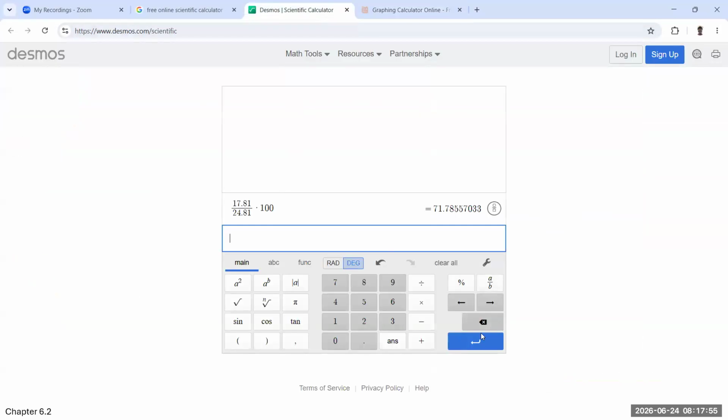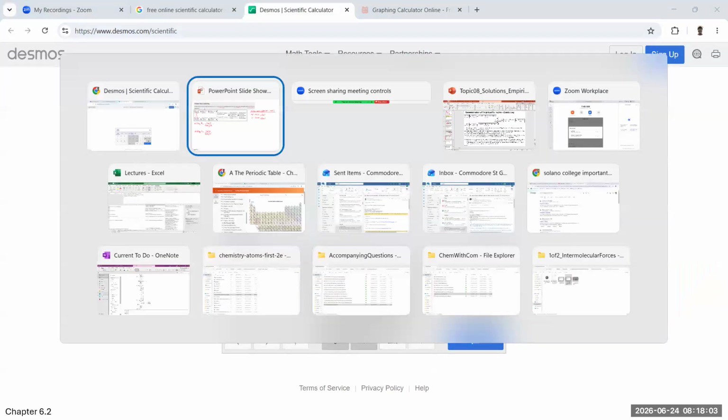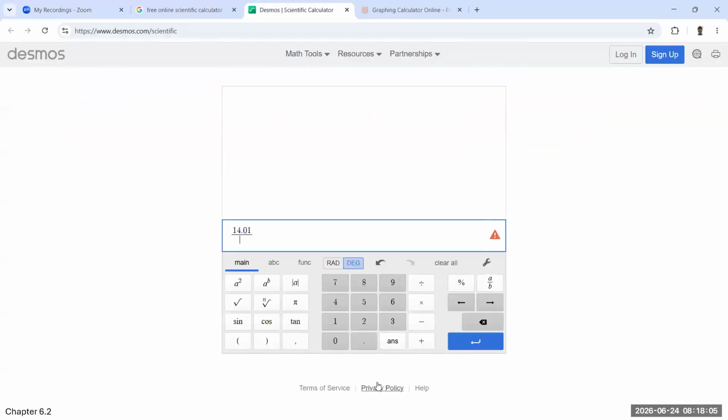So 0.130 divided by 14.01. Oh, it works with my tablet.